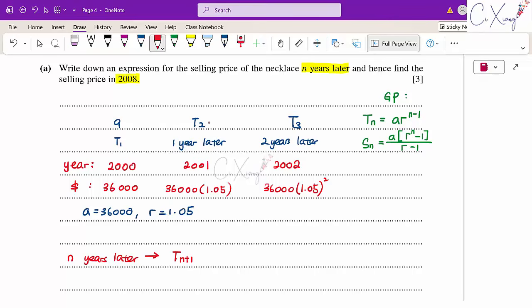So you take 1 plus 1, you get a 2, the T2 here. So 2 years later means 2 plus 1, you get a 3. So n years later means you have to take the term of n plus 1. Okay? Then what's the general formula for the n plus 1 term here? A R power n plus 1 minus 1. Okay, and eventually if you simplify it, your general formula for T n plus 1 is A R power n.